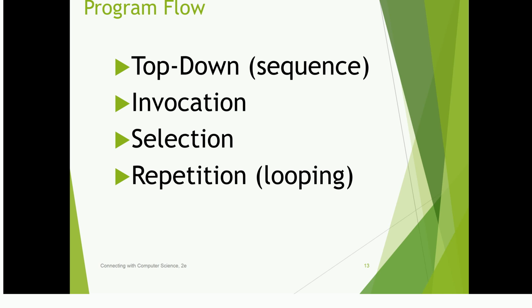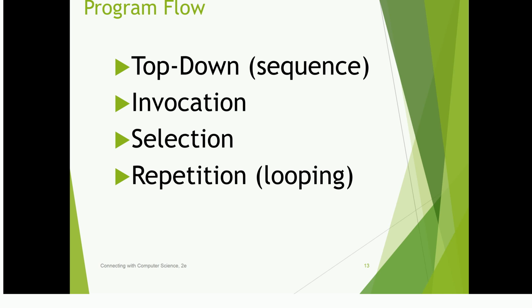I'm just going to invoke it or call it in order to use it in my program. The next one is selection, and a selection allows me to choose whether or not I want to execute logic. And there are several different structures that allow me to look at a group of logic and decide whether or not I want to execute it. And the last kind of program flow is called repetition. And this is where I can repeat the same logic over and over again until some condition is met.